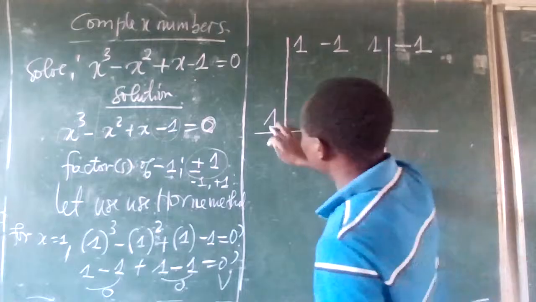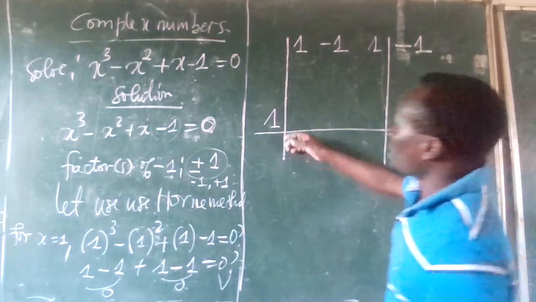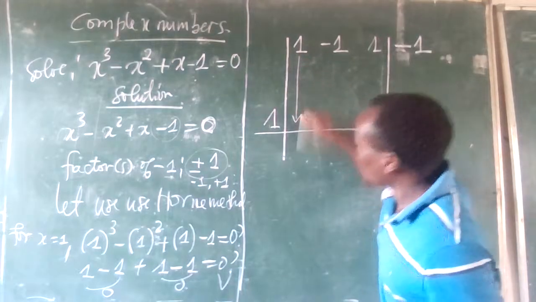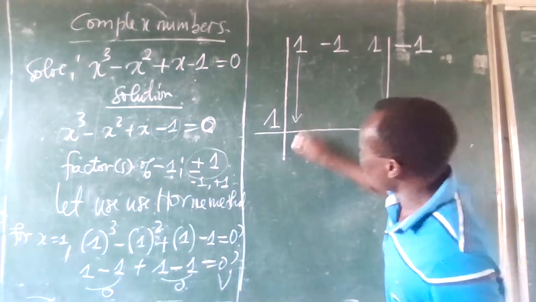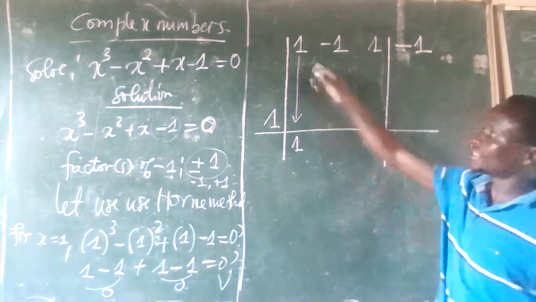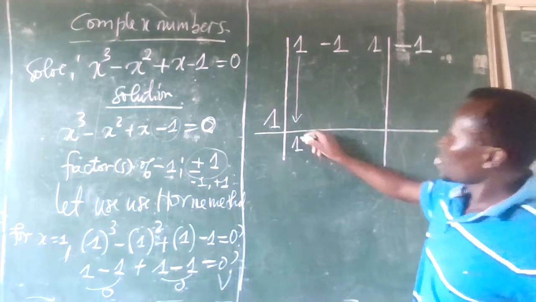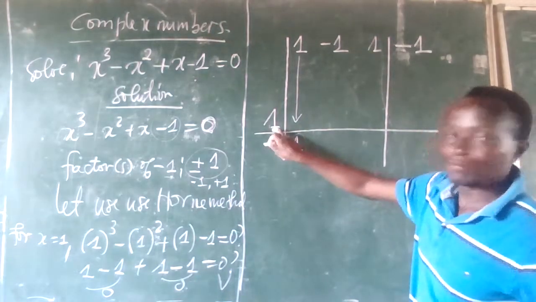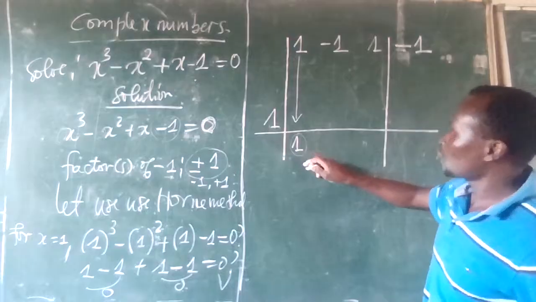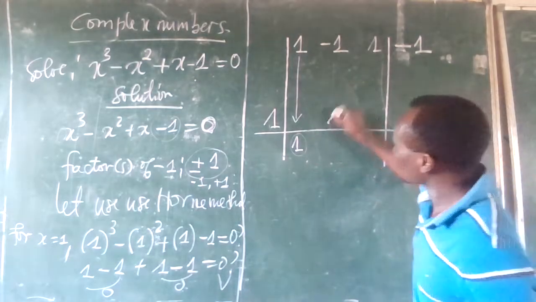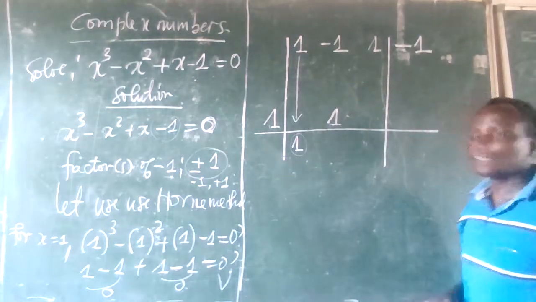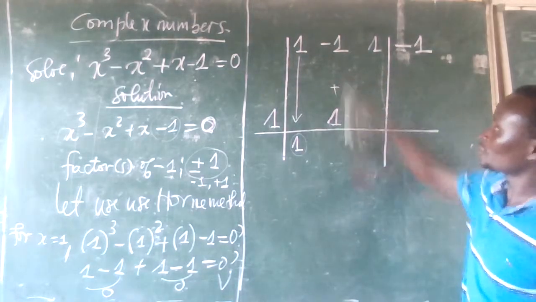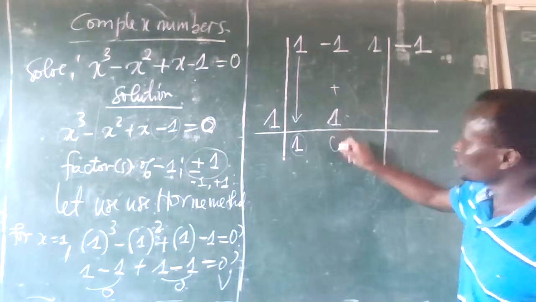So now here, what you are going to do: you have to write this number, 1. Also, you take this one. This one times this one is equal to 1. You write 1 here, and you add those two numbers, the summation is 0.